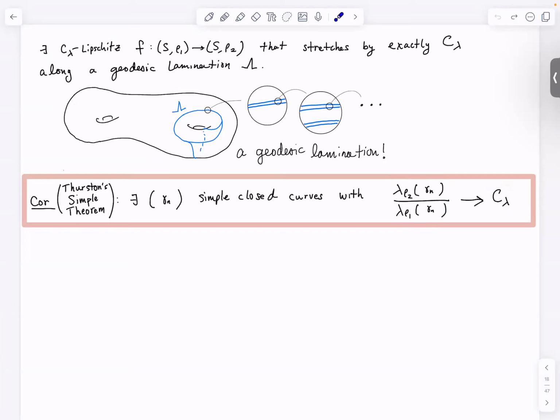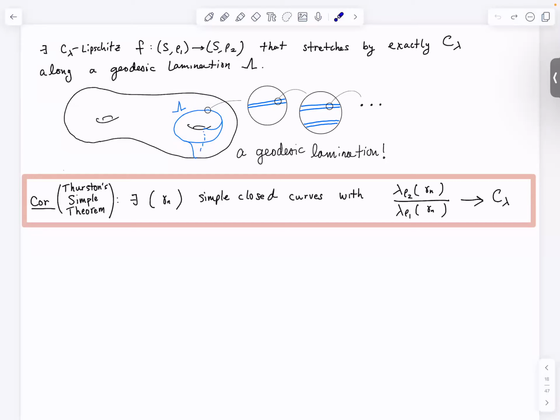So I can pick one geodesic in the lamination and start following it around. Maybe I do this a bunch of times, and eventually I'm going to come back to a place, it's not hard to believe in this example, where I'm very close to where I started. And then I can just close up. And remember, because it's a lamination, I've never crossed myself the whole time. I close up and I get a simple closed curve.